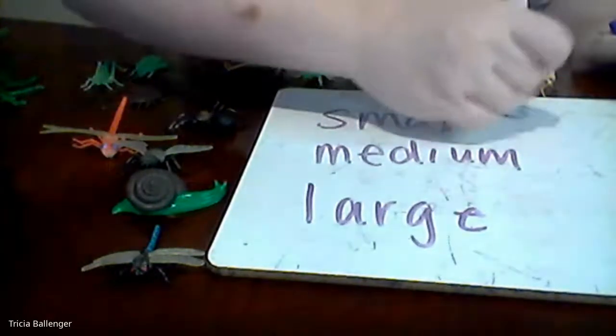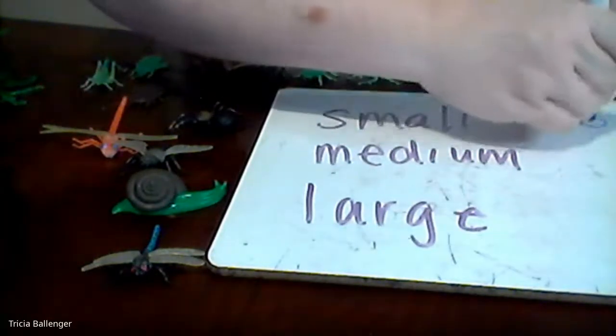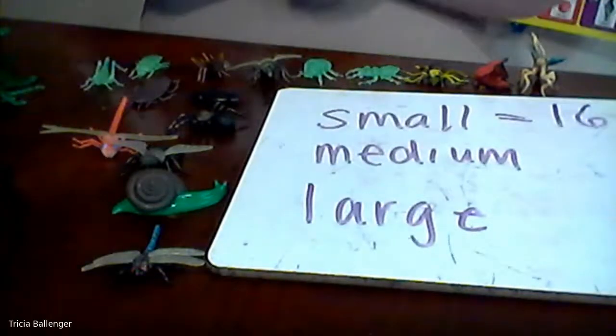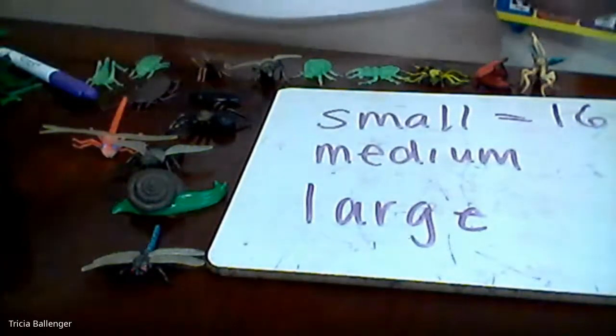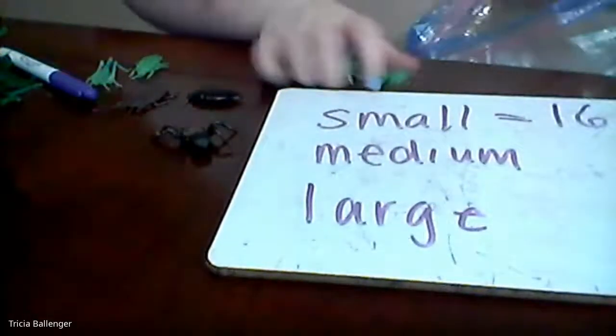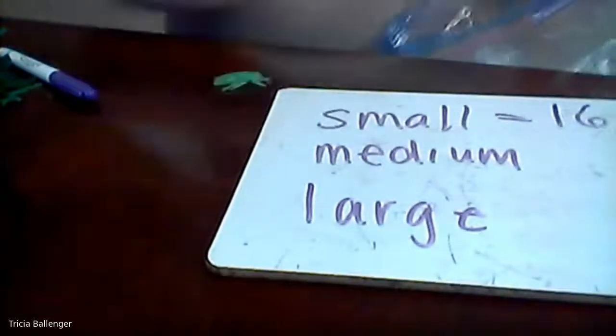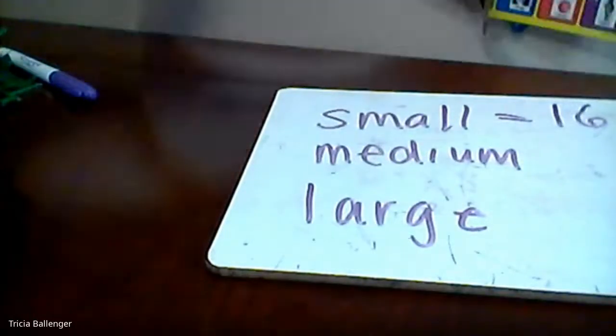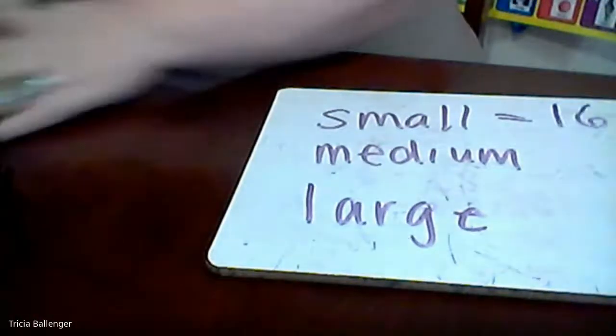So small equals 16. All right, and then we can put those back in our bag. This is a great way to do inventory and find out how many toys you guys have at home, isn't it? All right, and then we have our medium.